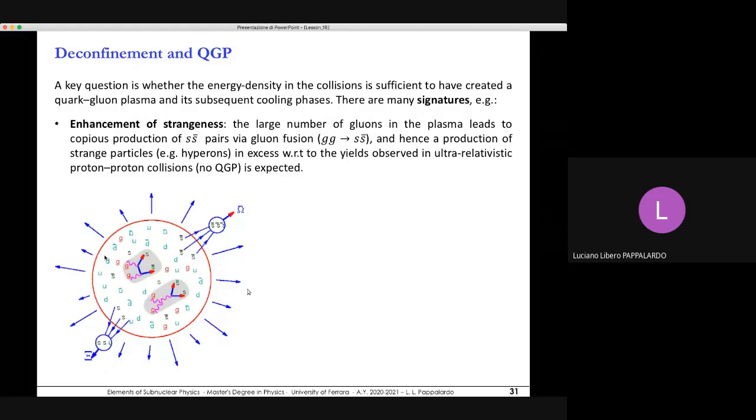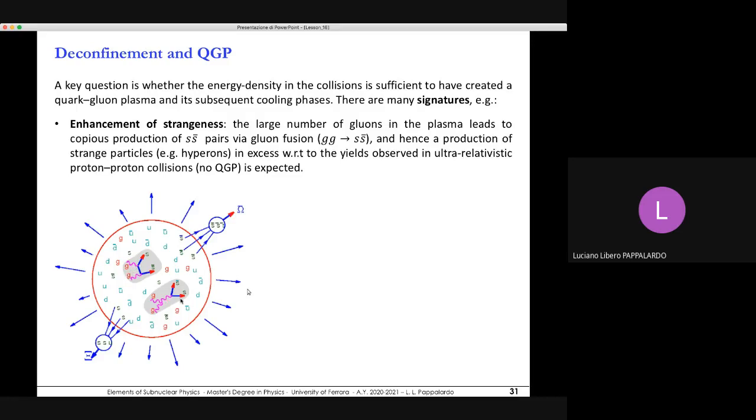Suppose that this is your fireball, your quark-gluon plasma fireball with quarks and gluons. The large number of gluons in the plasma leads to abundant production of strange anti-strange pairs via gluon fusion. Two gluons fuse and produce s-sbar pairs, as depicted here.